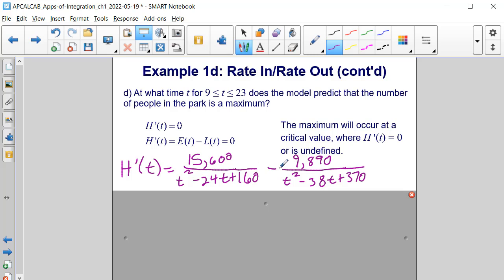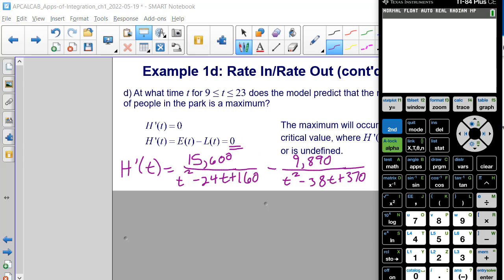Okay, so this is our derivative, and we're going to substitute it into our graphing calculator and graph it, and we're going to find out where it equals 0. So let's do that part.